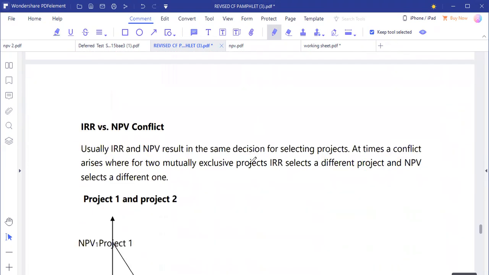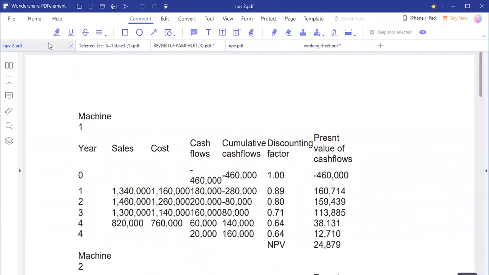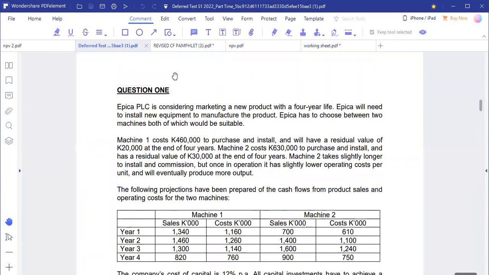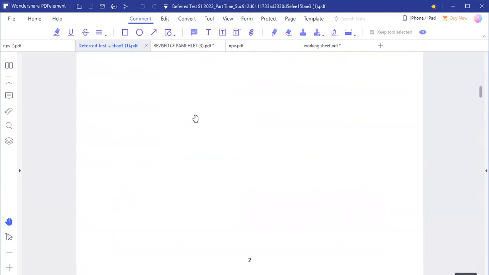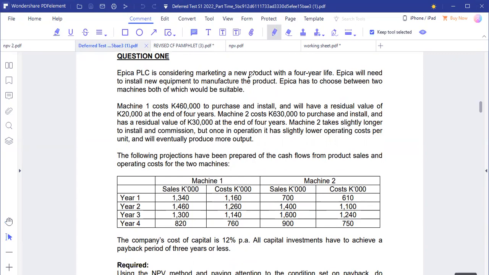All right, so we can now go an extra mile where we look at a different question altogether. Let's look at question 1. This question is in one of the exam papers. Let's look at this example here, where it says Epic is considering marketing a new product with a 4-year life.